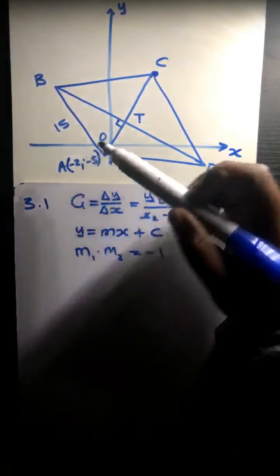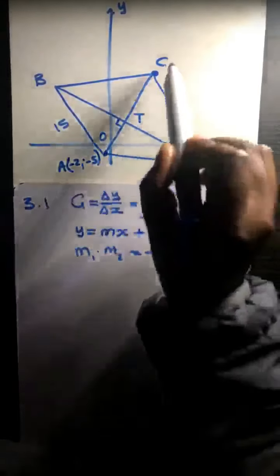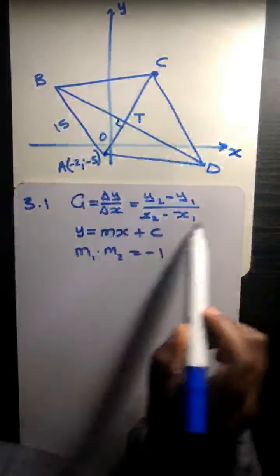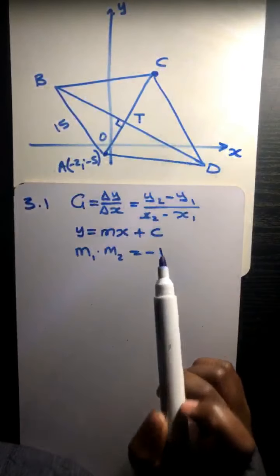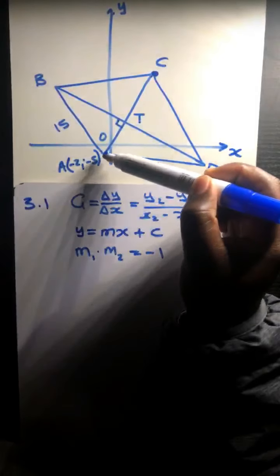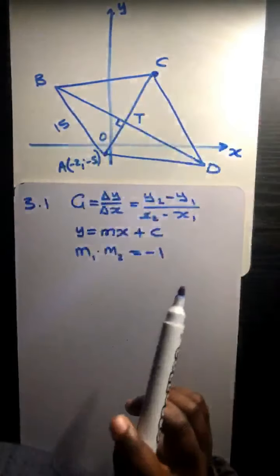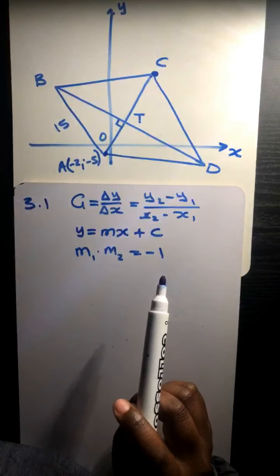So that means if you have, for example, a point A and point C, you can easily use this formula. But if you don't, ask yourself this question: do you have the formula for that line AC? It seems like we don't have it, ladies and gentlemen.